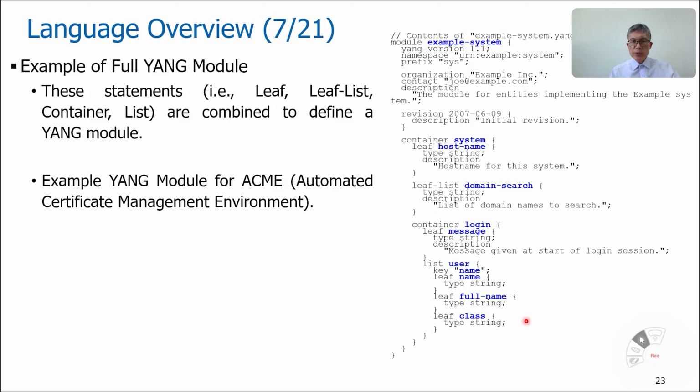They include a server container. Login consists of message and user. User is also a list node. I mentioned this is like a structure in C. The key value variable is name. This list node consists of leaf name, leaf full-name, and leaf class.